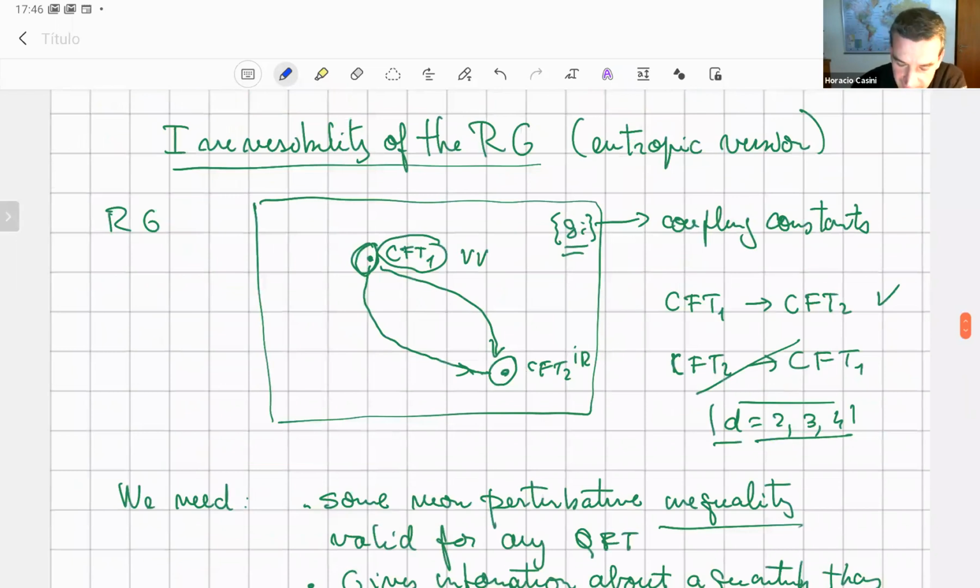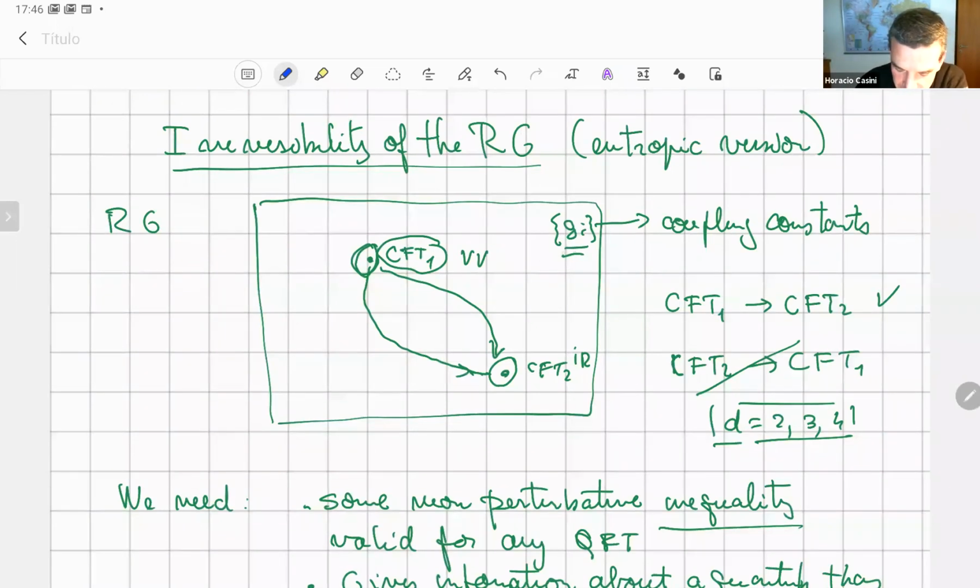There is really no such space of non-perturbative coupling constants or Lagrangians. So here what we are discussing is how the theory behaves between short distances and large distances.